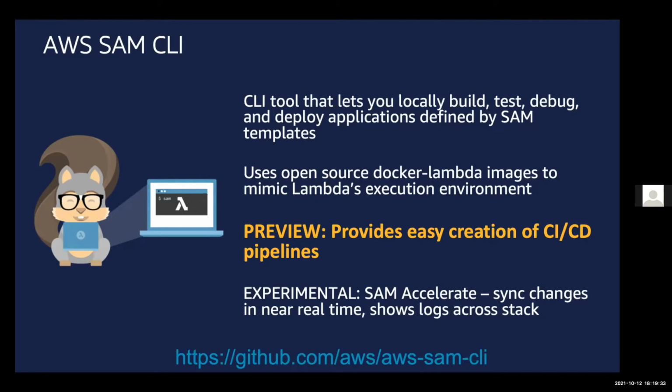The other thing that is experimental at the moment, but is really, really exciting, is SAM Accelerate, which will synchronize the changes you're making locally with the AWS environment. Basically, you can change your code locally, and when you save the solution, it'll use the underlying Lambda APIs to zip up and deploy that change into your functions and your API gateways, which makes it really quick to deploy those changes into the cloud.